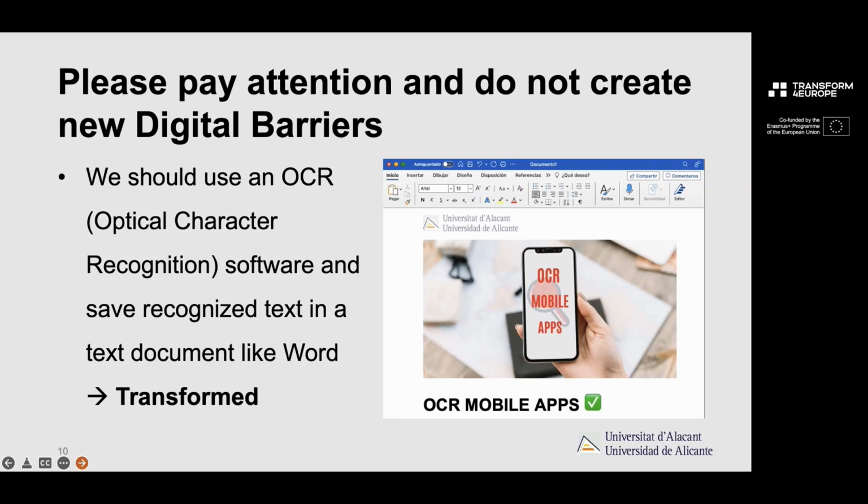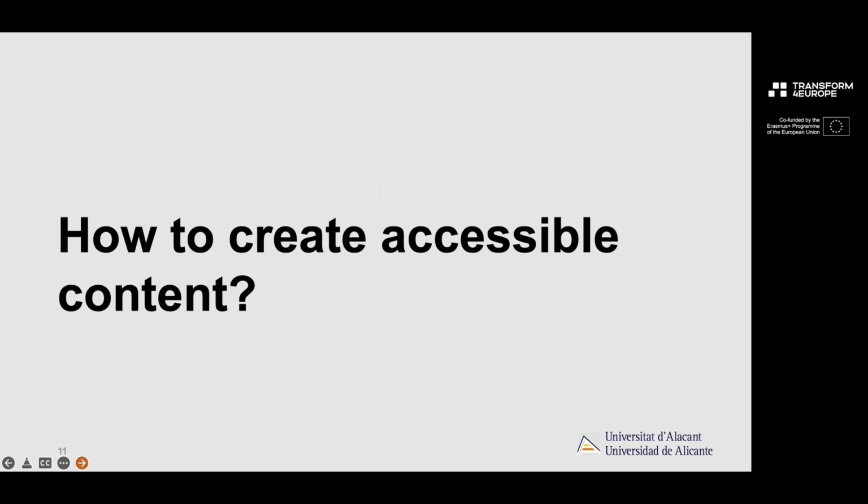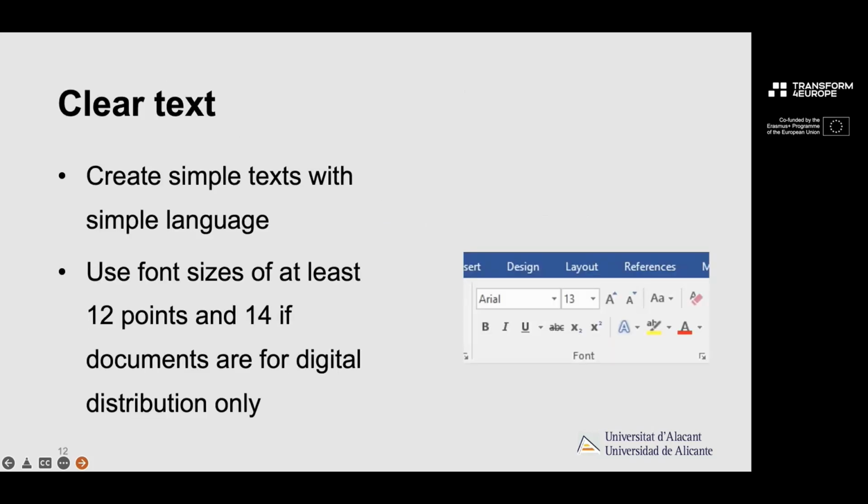Okay. The next topic, how to create accessible content. The first requirement is that the text is clear. Create simple text with simple language. Use font sizes of at least 12 points, and 14 points if the document is for digital distribution only.